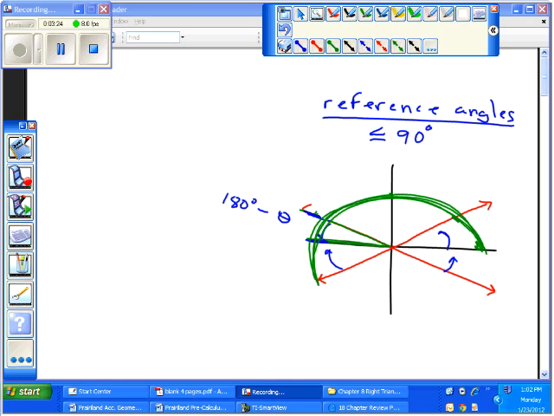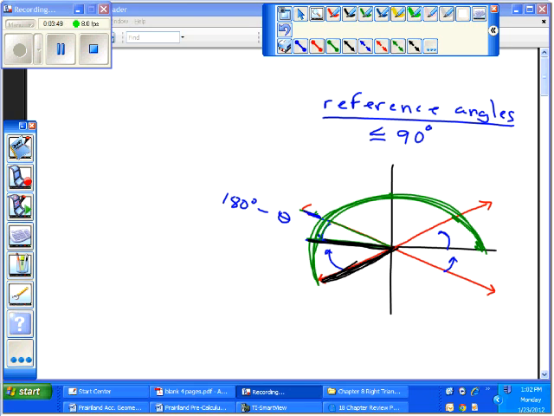Now this time it went past the axis, but still the reference angle associated is going to be formed by its terminal side and the closest piece of the x-axis. It's the angle formed by the terminal side of that whole big angle and the closest x-axis. We're talking about this angle.